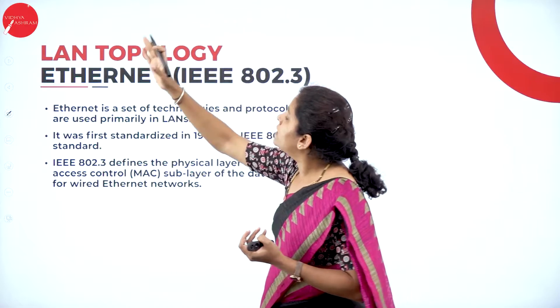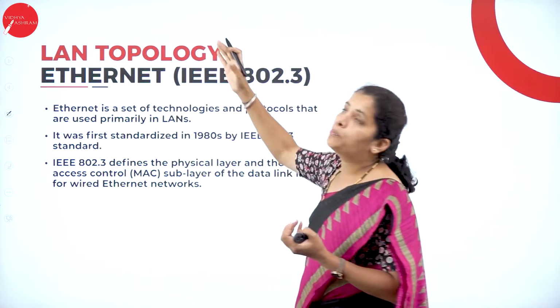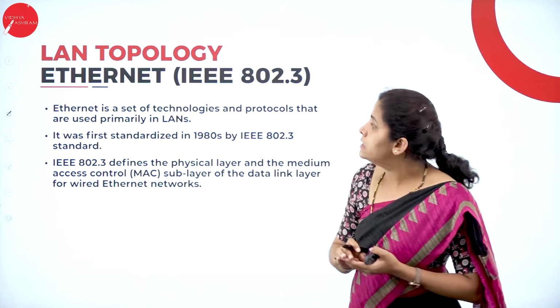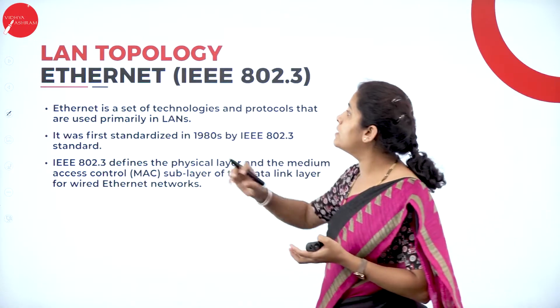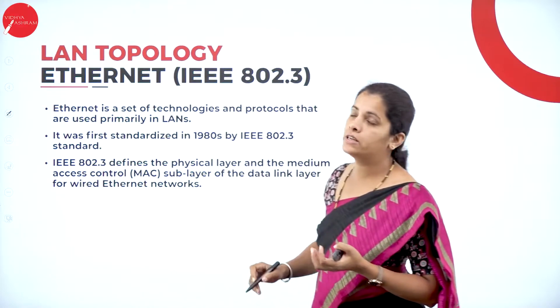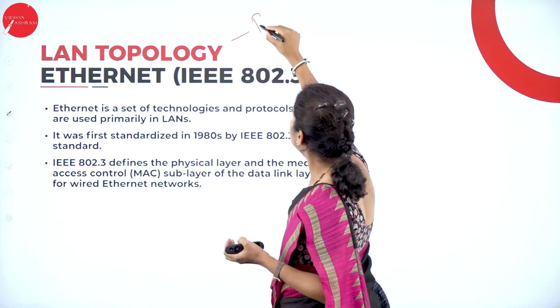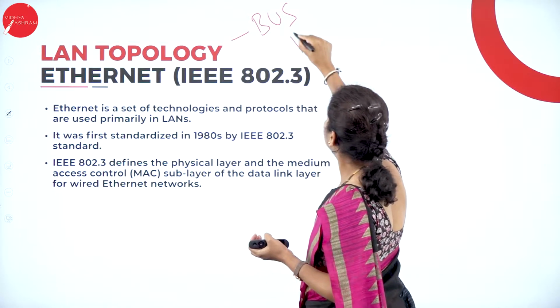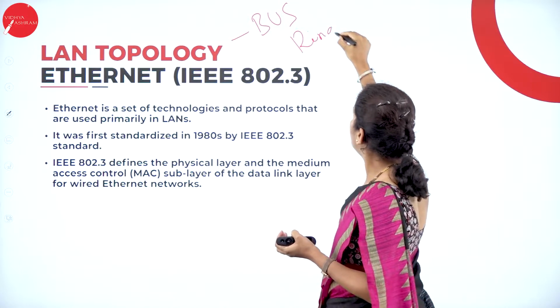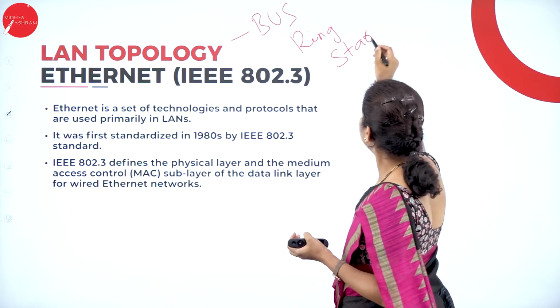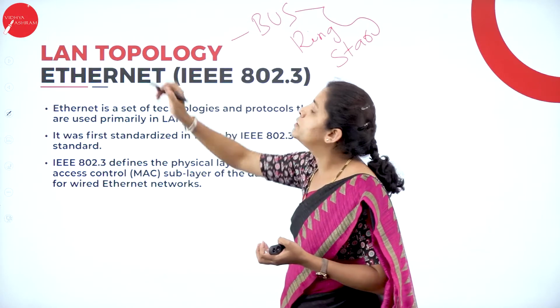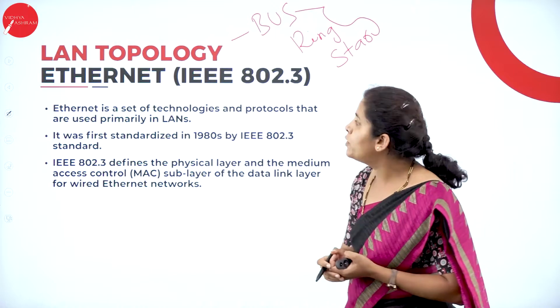So what are the different topologies that come under LAN topology? Here it is bus, ring, and star topology. These are the three topologies under LAN topology.